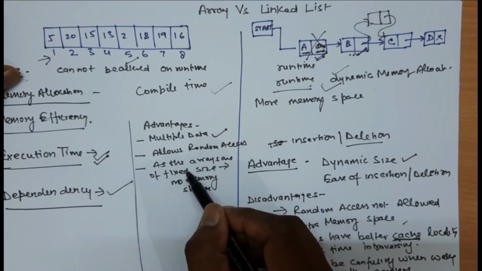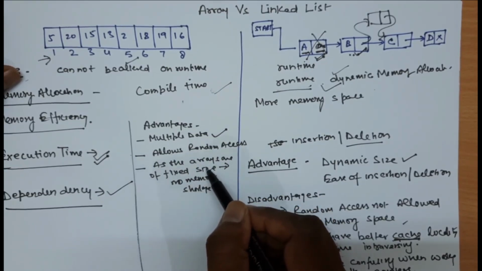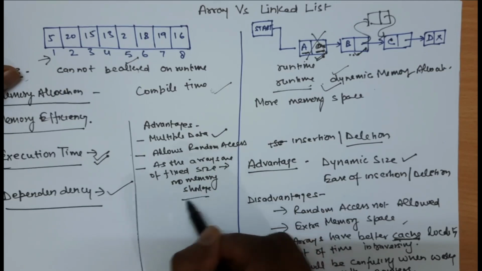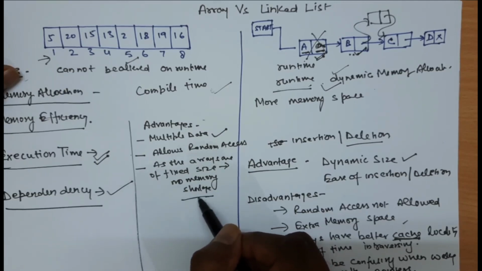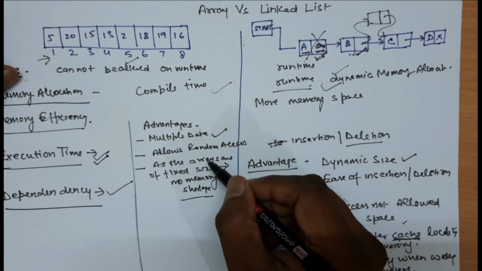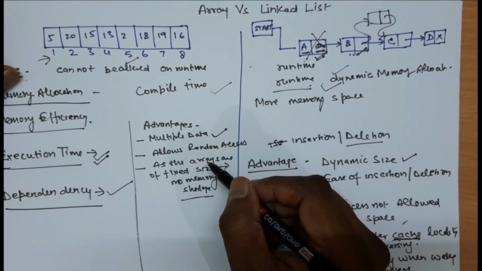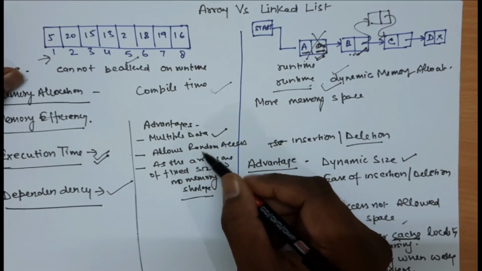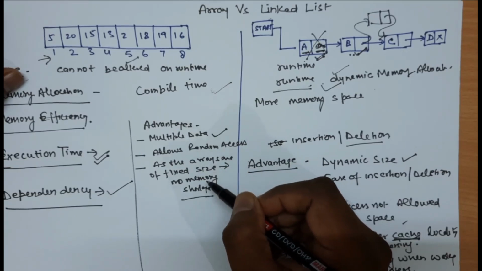As the array is of fixed size and stored in contiguous memory locations, there is no shortage of memory. A few other advantages of using arrays are that it is helpful to store any type of data with a fixed size. So these are the various advantages of the array data structure.